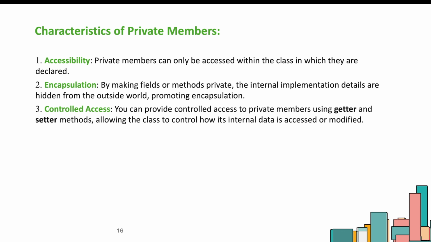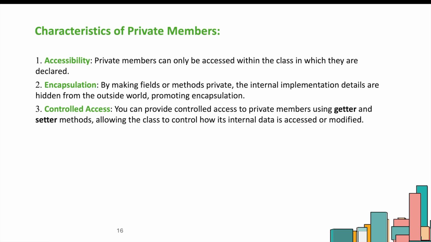Everything inside the class can be called encapsulation. Controlled access means keeping the member private and accessing it through getters and setters. The get function is used to access the member. The set function is used to modify the value of the private member.